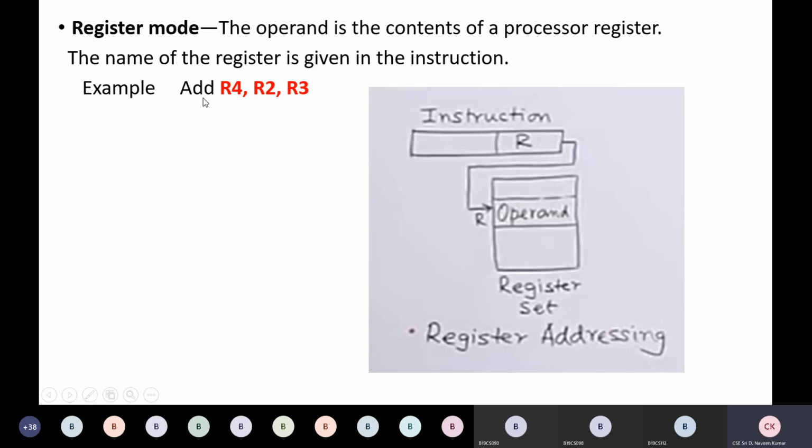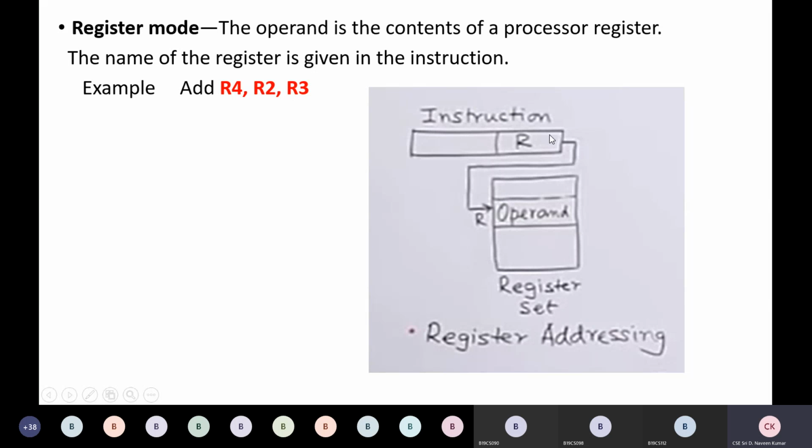Add is the opcode, and R4, R2, R3 are the operands which are following register mode. These operands, for example R4, are referring to a particular location in processor registers. Similarly R2, and similarly R3.